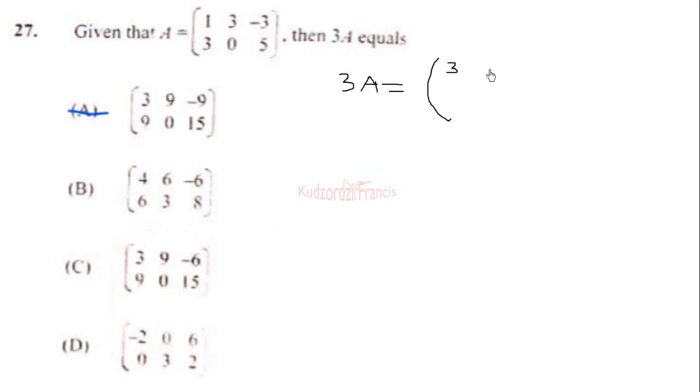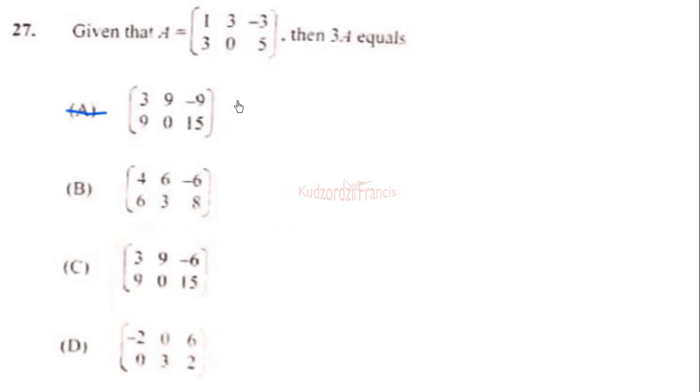Then 3 times 3, which is 9. 3 times negative 3, which is negative 9. 3 times 3 is 9. 3 times 0 is still 0. 3 times 5 is 15. So the correct answer is A. Now let's look at item 28.